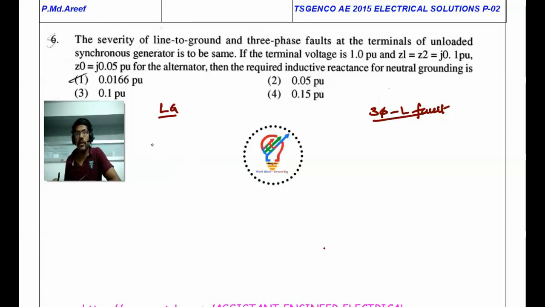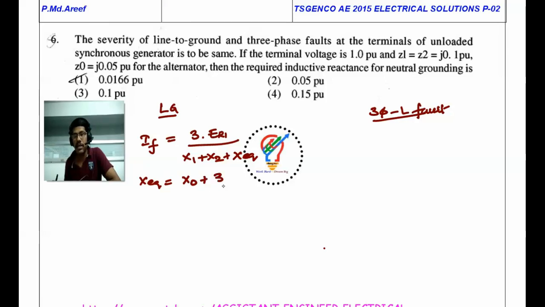Now the formula is IF equal to 3 ER1 divided by X1 plus X2 plus X equivalent, where X equivalent is equal to X0 plus 3Xn. In case of a three-phase line fault, the fault current is IF equal to ER1 by X1. Only positive sequence reactance will be present in case of a three-phase fault.